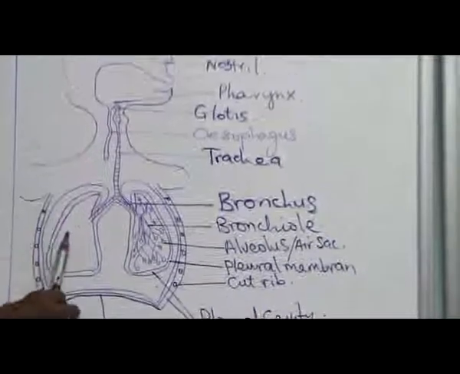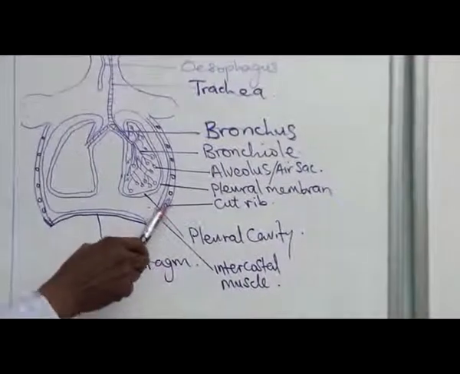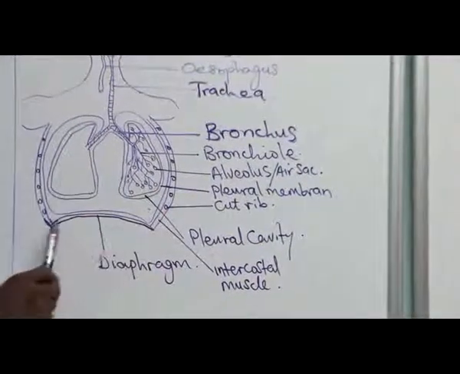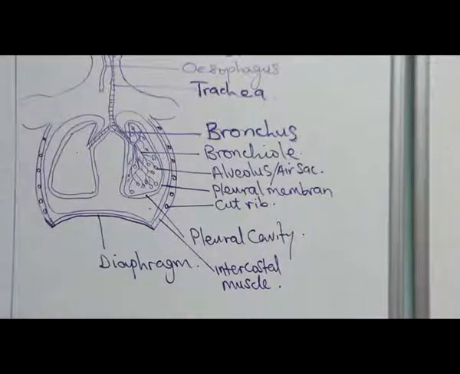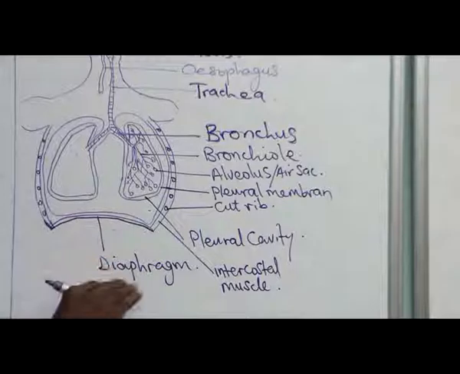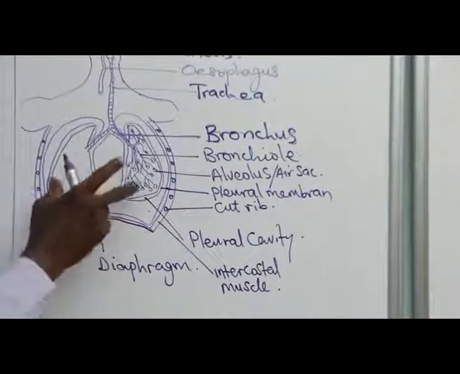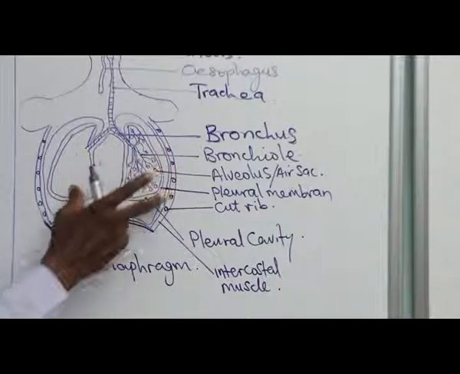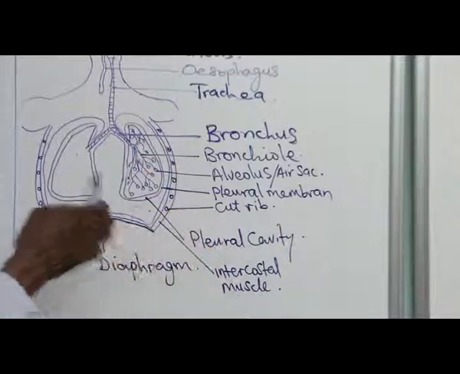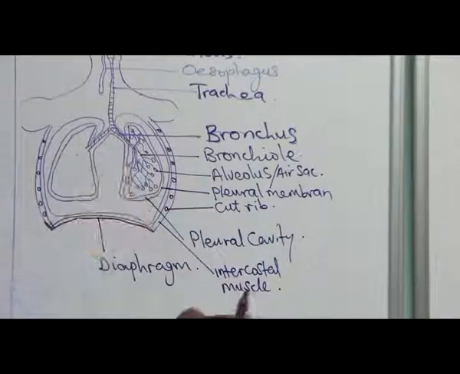Now, the mechanism of respiration is this. The intercostal muscles around the ribs and the diaphragm contract. The intercostal muscle, when it contracts, becomes lowered and flattened. This process makes the thoracic cavity enlarge, and so the pleural membrane and the lungs also enlarge.